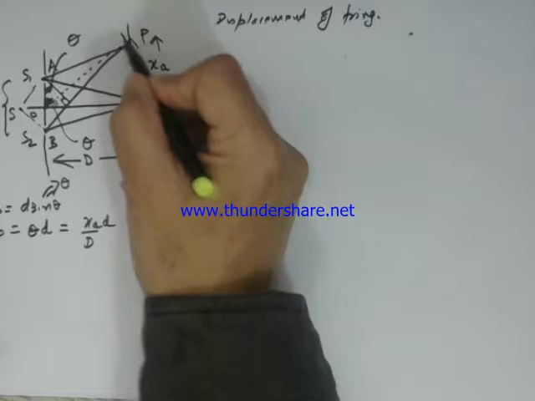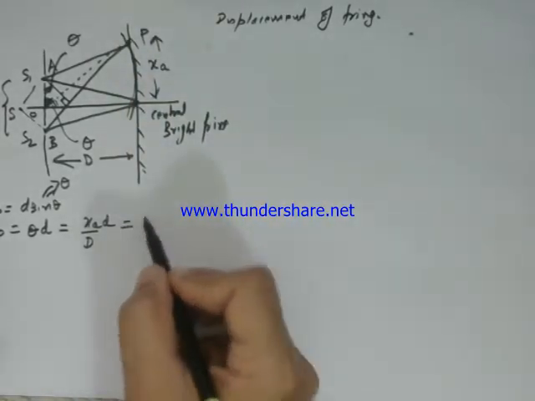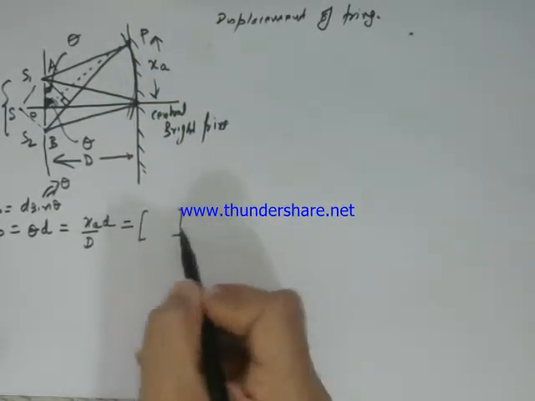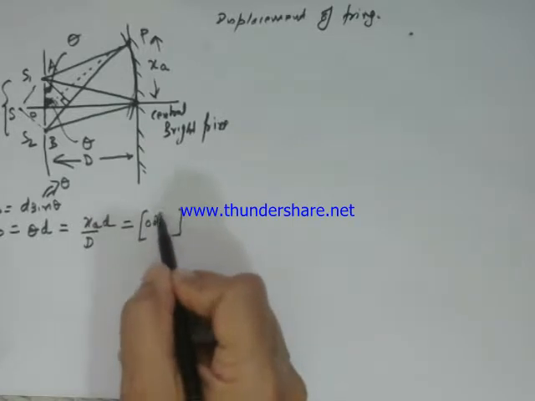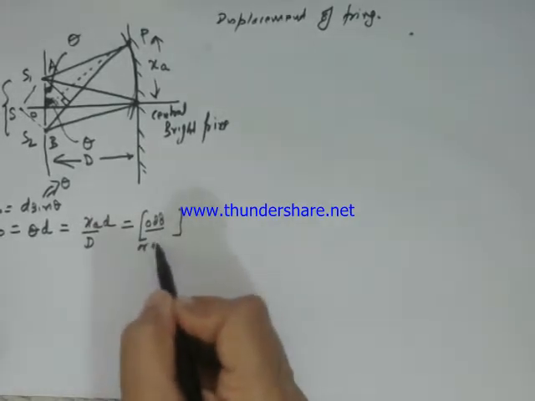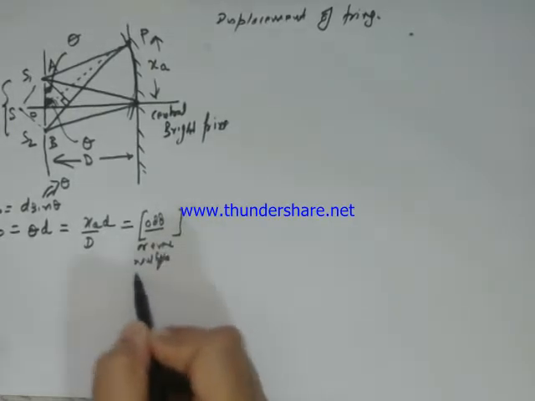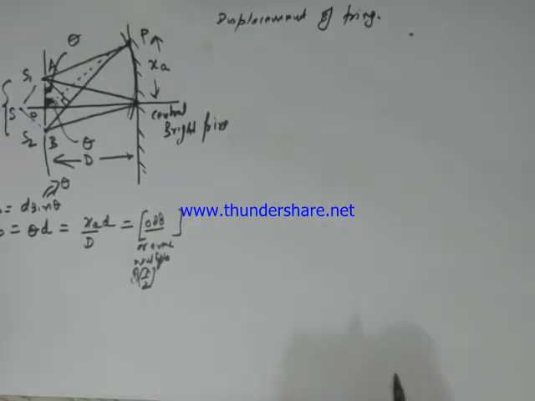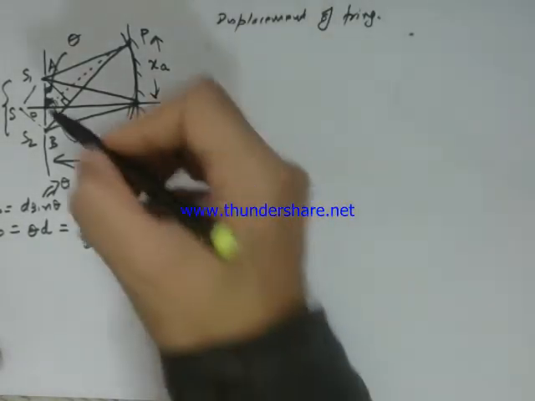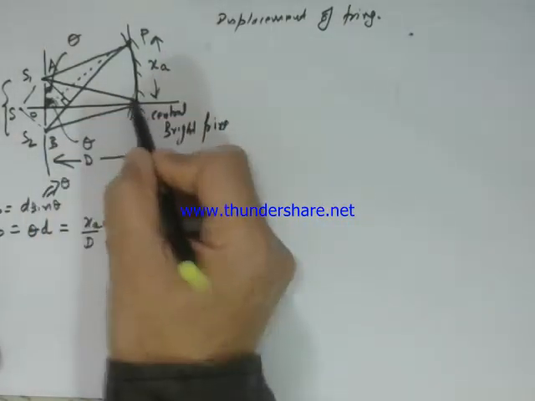So at this point, depending upon whether the path difference is the odd or even multiple of lambda by 2, there will be a bright or the dark fringe. Now that is just the basic. Now let us come back to this point.